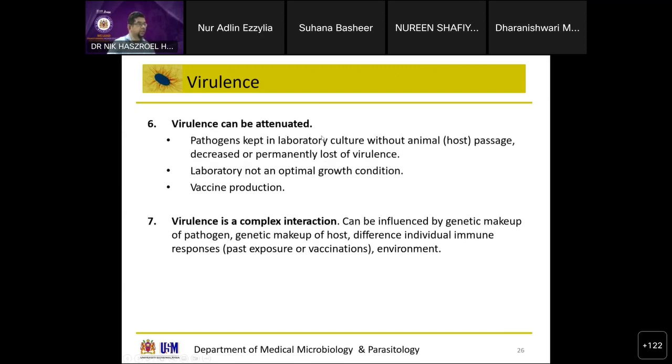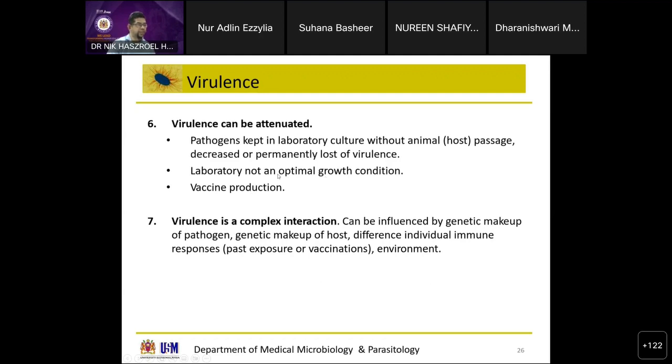So virulence can be attenuated, also become reduced, when the pathogens are kept in the lab for many generations. They are passaged many generations, and they lose their virulence. So the lab is not an optimal growth condition, but for certain viruses, we use this property to produce vaccines, because we need the virus to lose its virulence so that we can get a low virulence virus to produce the vaccine.